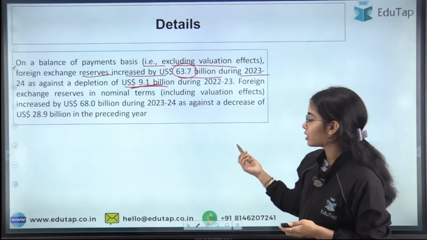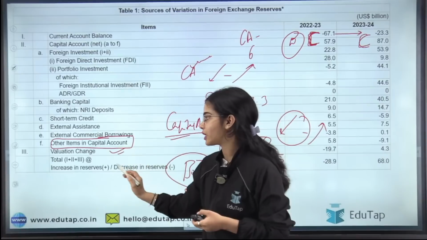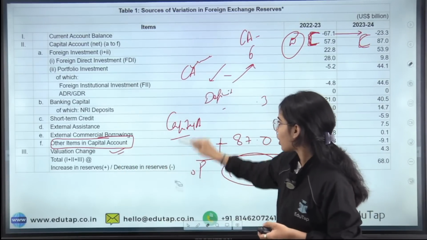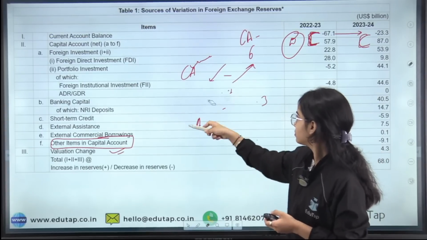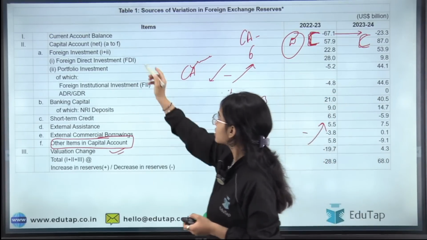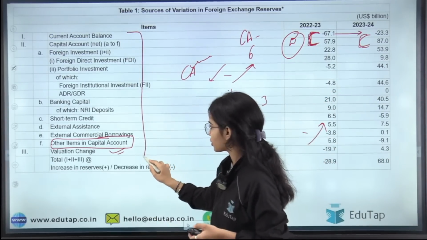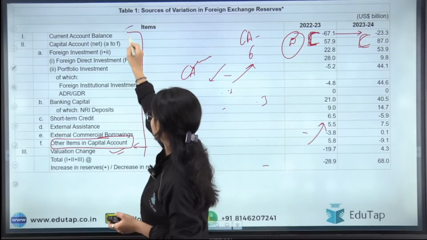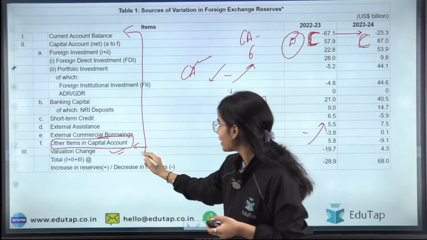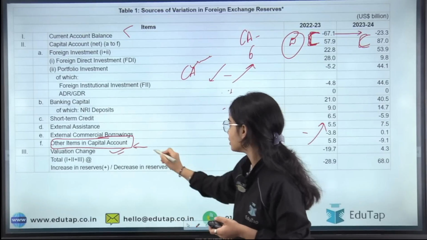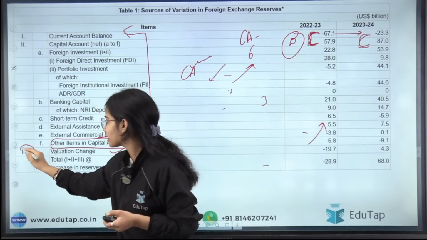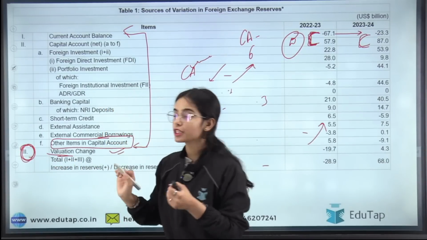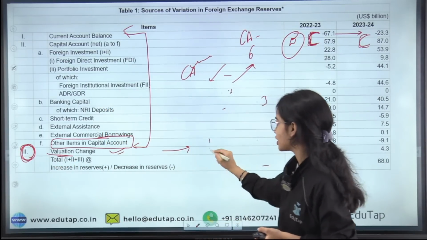Now, valuation change. This is the balance of payment situation till here. Now this third point, the valuation change, is shown in the foreign exchange reserves.